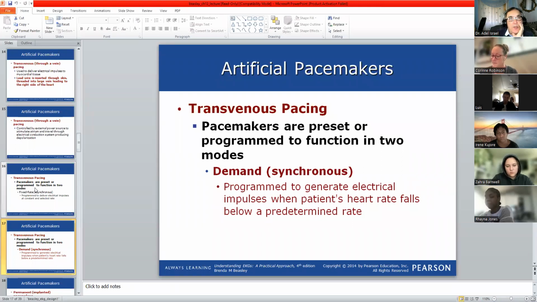So she has this option and will say that if the heart rate drops below 65, the machine or the pacemaker has to start working. Okay, so this is very important. So we have asynchronous and we have synchronous.